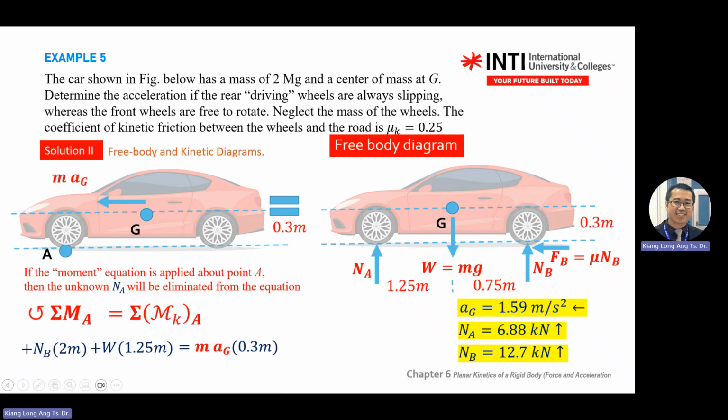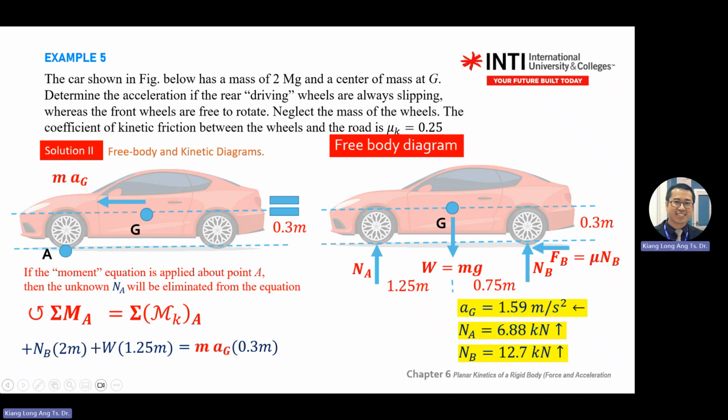So how do you find moment at A here? You put your finger here, and A you don't need to find. W is clockwise, NB anti-clockwise, FB is 0 because it's at the same level, D is 0. So you only need to find these two. Here NB times 2 meter is positive because it's anti-clockwise.